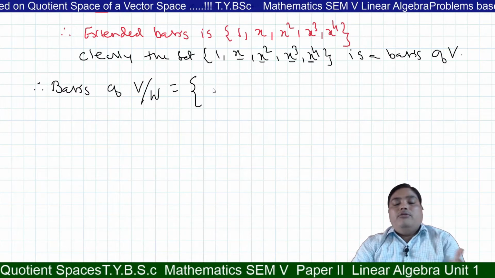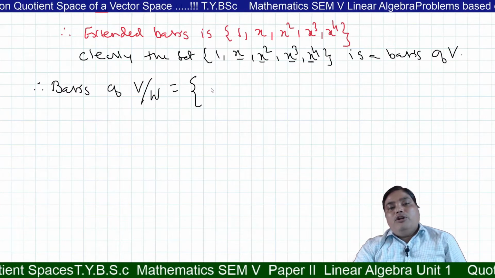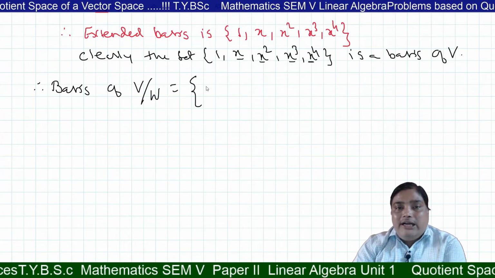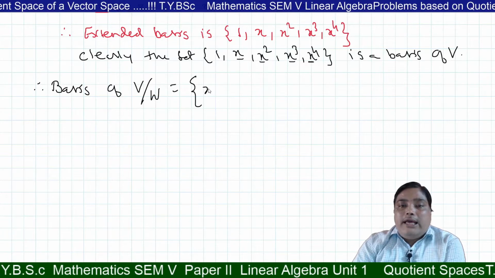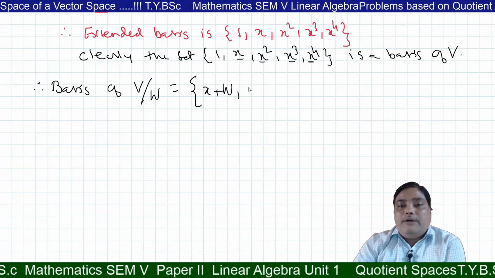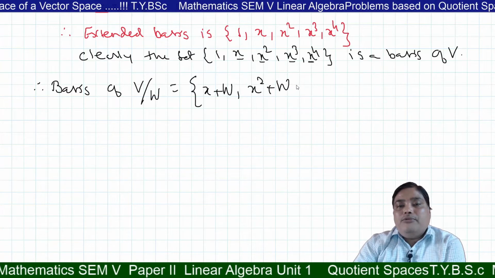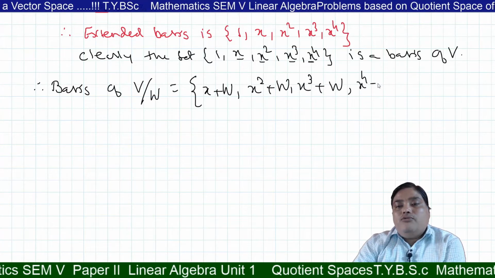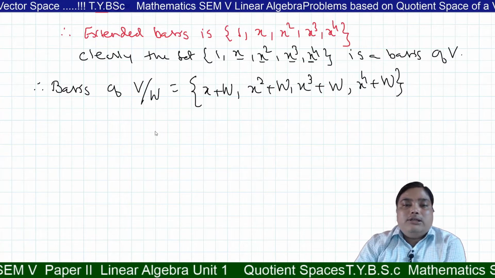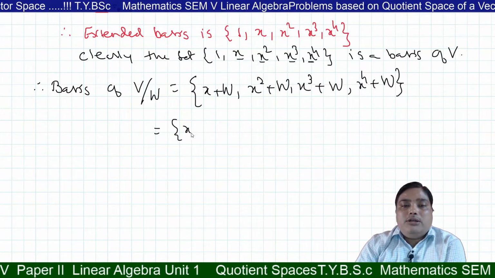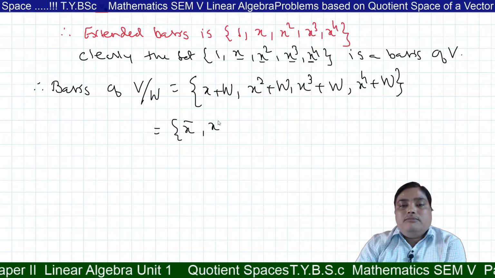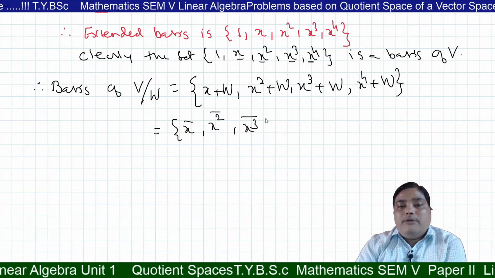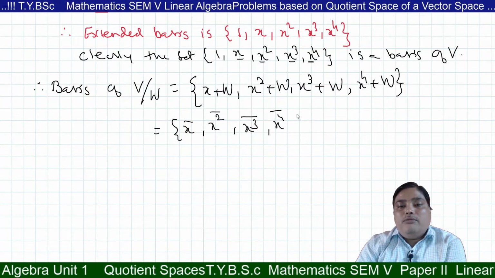So when we proved one result on the dimension of V mod W, we took the basis of V mod W as x plus W, x square plus W, x cube plus W, x raised to 4 plus W, or we can write this in bar notation: x bar, x square bar, x cube bar, and x raised to 4 bar.